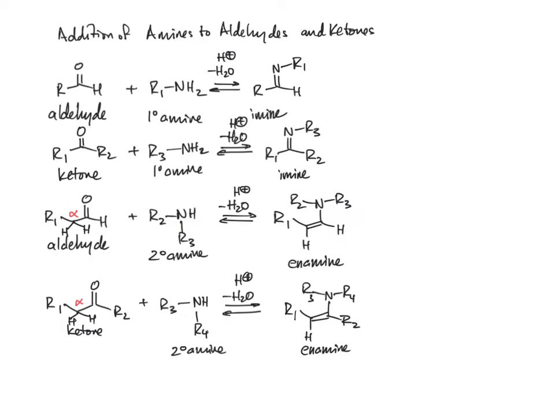So for this first imine, these would be geometrical isomers, in the same sense as we see with a normal carbon-carbon pi bond.